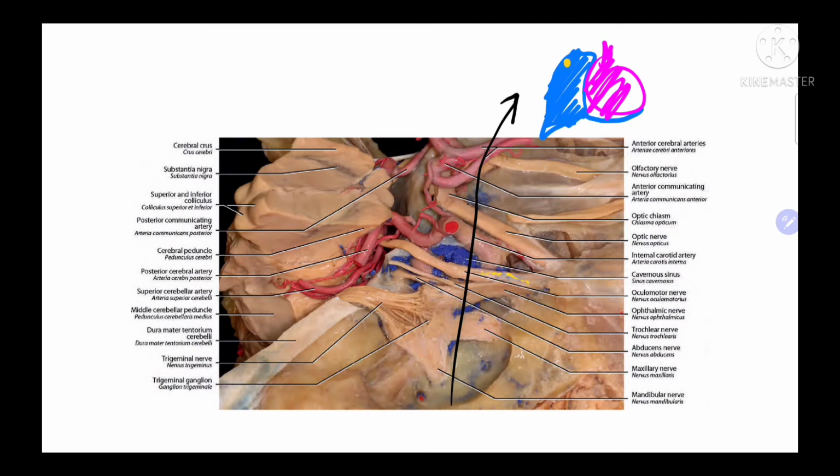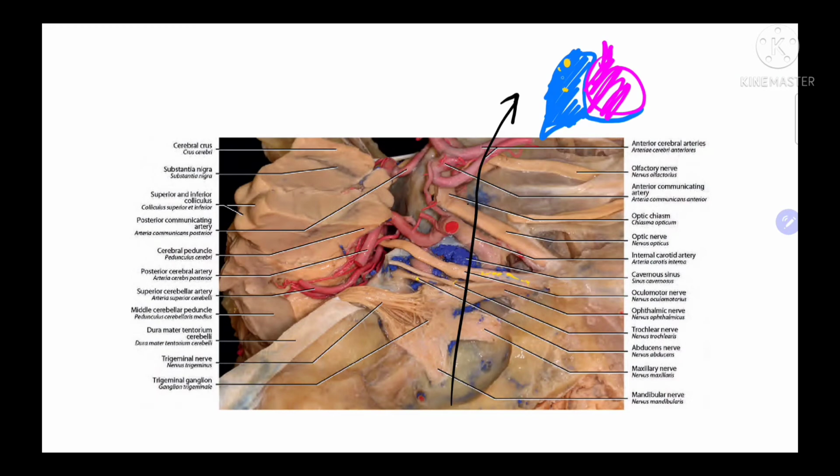Down to this oculomotor nerve, we're gonna find the trochlear. For example, you can see here, trochlear nerve. We're gonna find it down here. And very deep, we're gonna find the abducens, okay? It's gonna be very deep. You can see the abducens here.